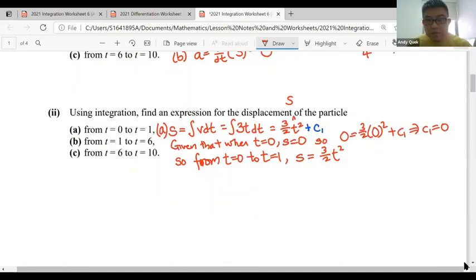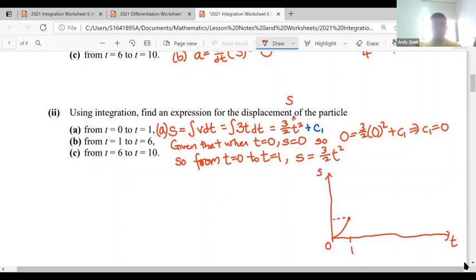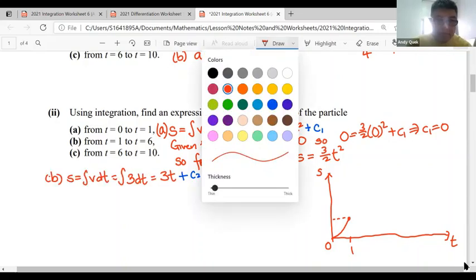Okay, in the meantime, as you're trying, I'm going to sketch the graph, displacement time graph, so that it will help us. Okay, so we've got an equation.